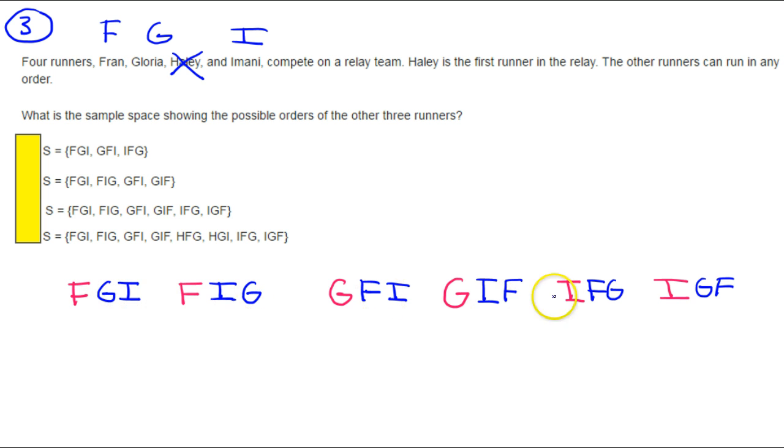I'm scanning down and counting 1, 2, 3, 4, 5, 6. So it looks like it should be this one right here. And if I look carefully at the letters, yep, they're the same. Okay, let's check it out and make sure we were right. Yep, we're geniuses.